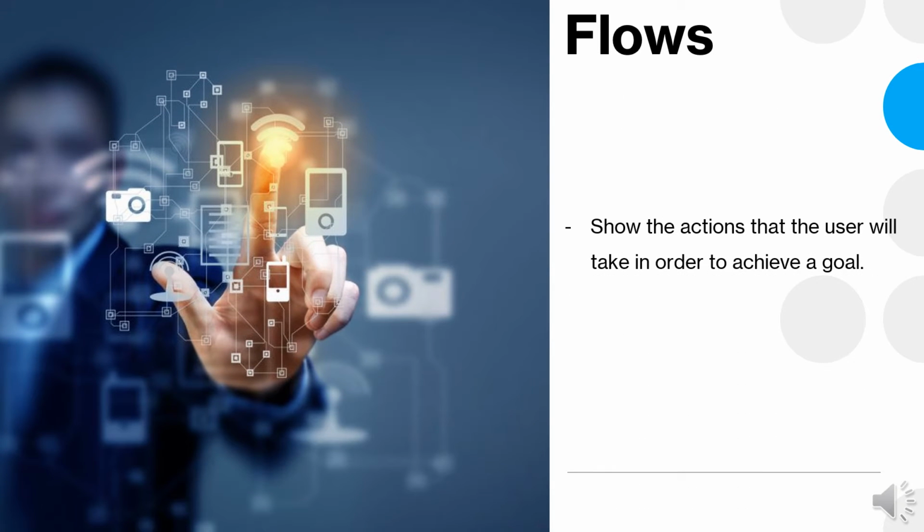Just to recap, in our previous video we covered the user flow, and the user flow is basically made up of three components: the task flow, the screen flow, and the wire flow. But at the end of the day, the user flow shows the steps that your user will take in order to achieve a certain goal.